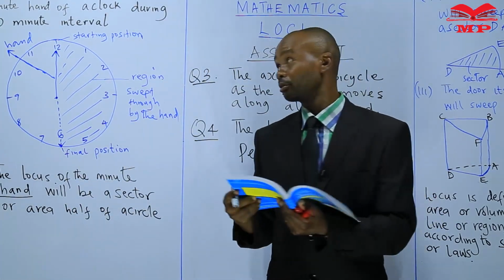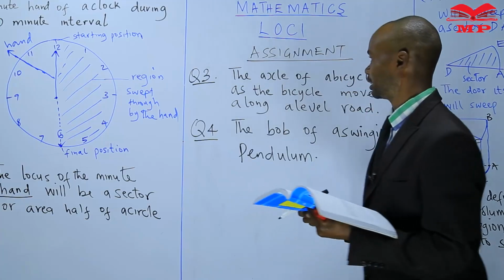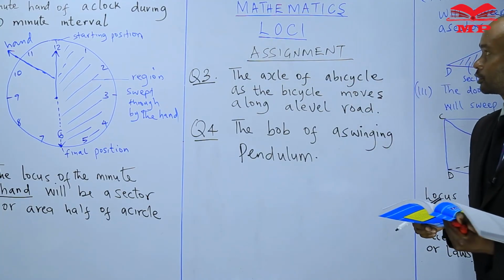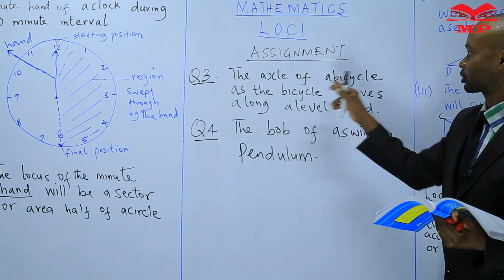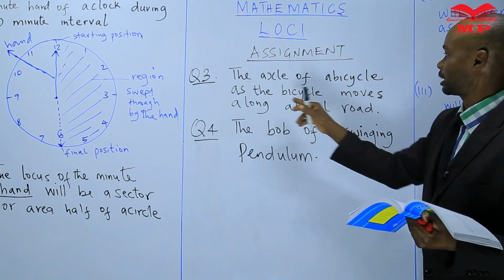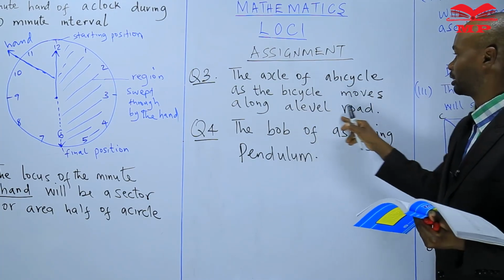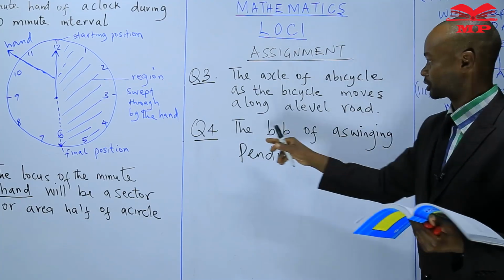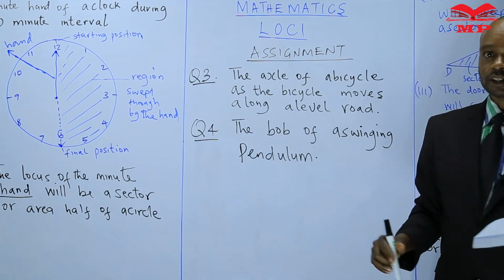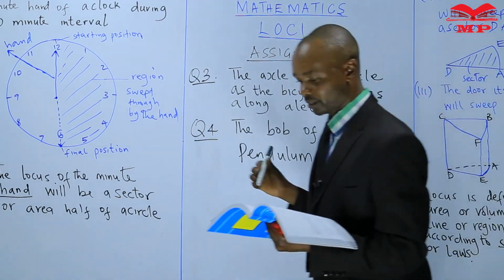Just read through before we come to the end. Question 3, you'll sketch and draw the locus of the axle of a bicycle as the bicycle moves through a level road, and lastly, the bob of a swinging pendulum.